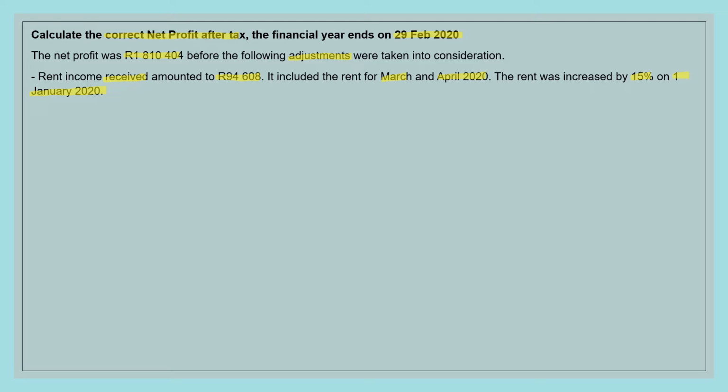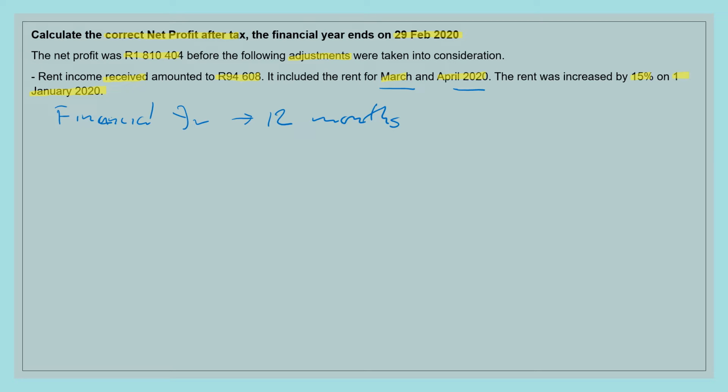Your financial year is 12 months. Since it's ending on 29 February 2020, that will be the 12th month, right? But I received rent for March and April 2020.